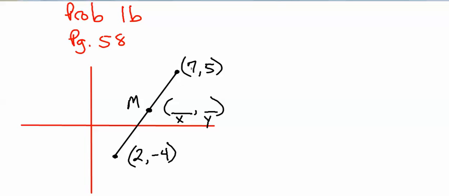Alright, so we need a middle point for our x's. So we take 7 plus 2, divide it by 2. We get 9 divided by 2, which equals 4.5. So our x value at the midpoint is 4.5.